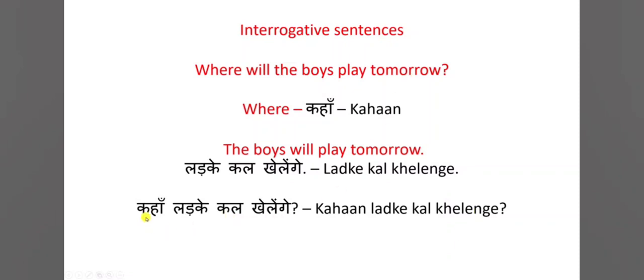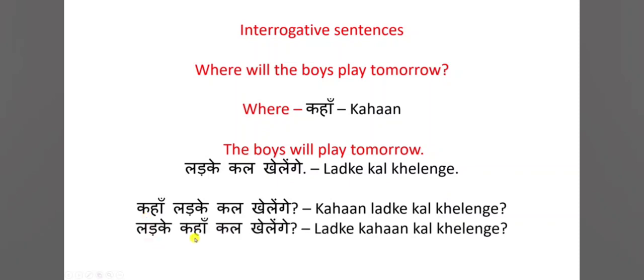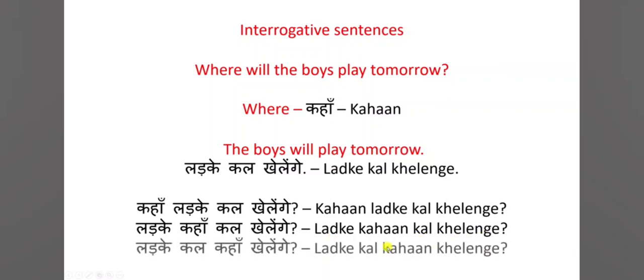Now, here too, you can change the position of कहाँ. लड़के कहाँ कल खेलेंगे? लड़के कल कहाँ खेलेंगे? Okay? All three mean the same. And the third one is the one we usually use.